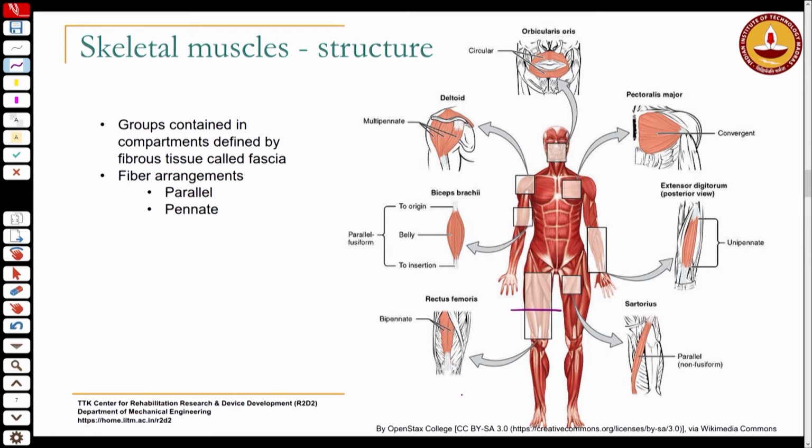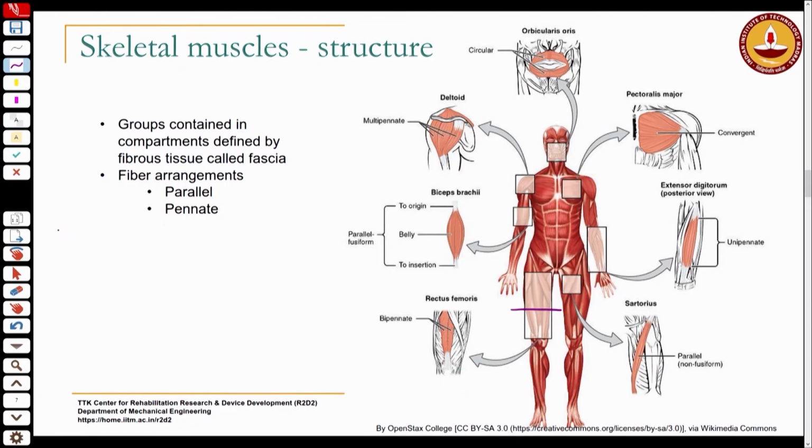One is called the parallel arrangement, where the fibers are parallel to the length of the muscle, to the long axis of the muscle. So, parallel fibers, parallel to the long axis of the muscle.